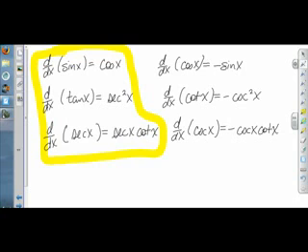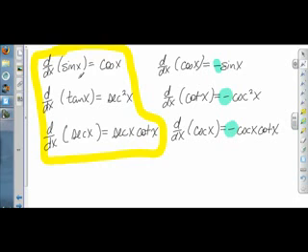Sine and cosine are what we refer to as co-functions. Tangent and cotangent are co-functions. Secant and cosecant are co-functions. The derivative of sine is cosine. You memorize that. For the derivative of the cofunction, you'll notice each of these is negative, and it's the negative cofunction.